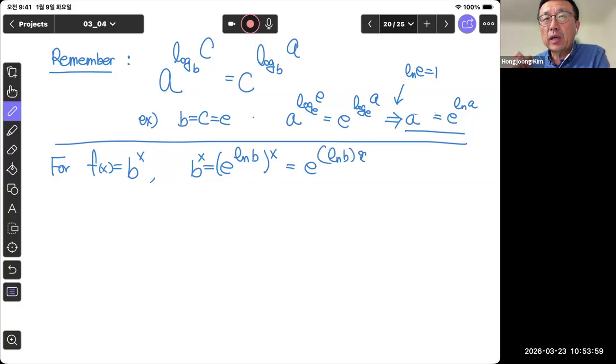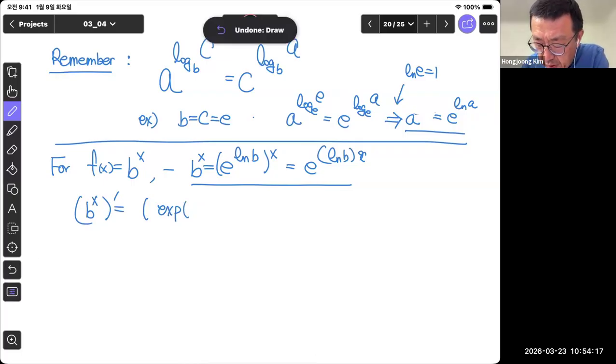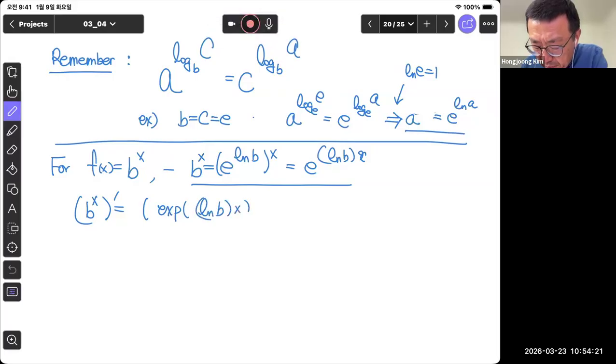That's the same as b to the x. That is the same as my function f. So if I differentiate b to the x, I'm differentiating the exponential function of ln b times x.